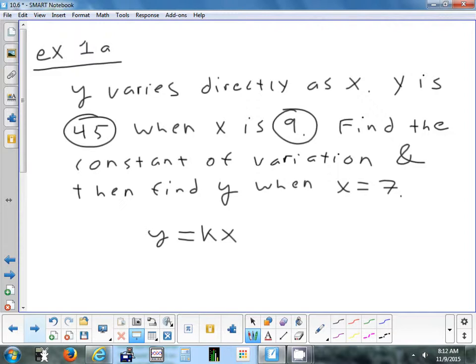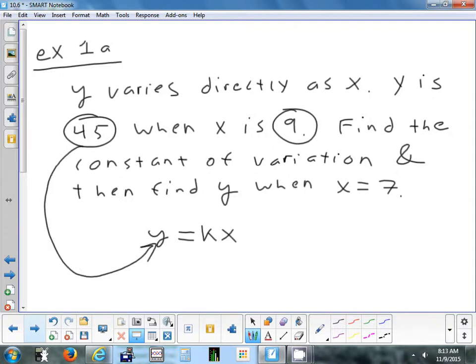Now, Zach, what two letters did they give me in the problem up above? Yeah, they said y is 45, x is 9. So Kevin, what am I going to do with 45? Yeah, we're going to plug it in where the y is.